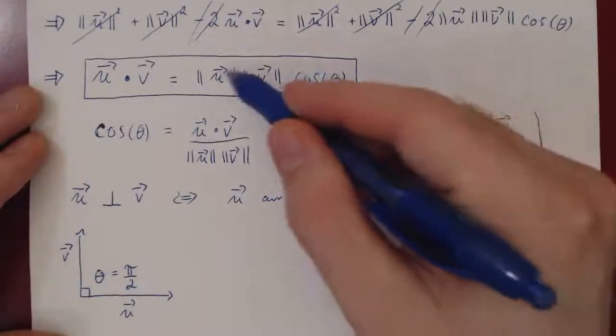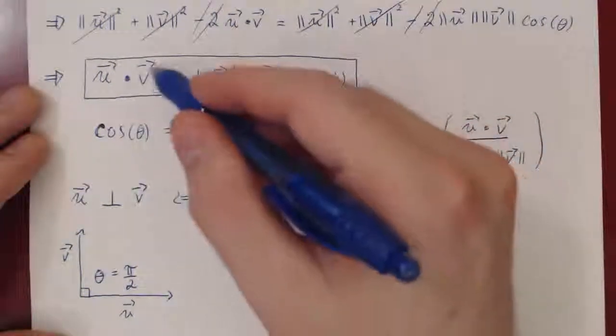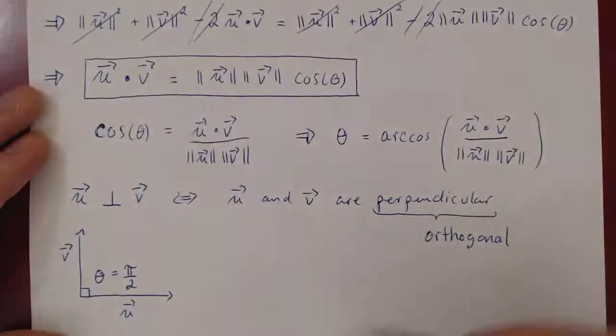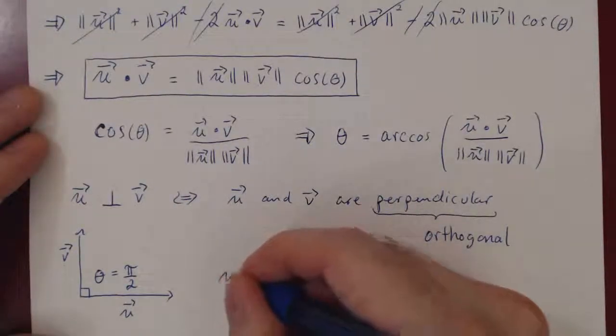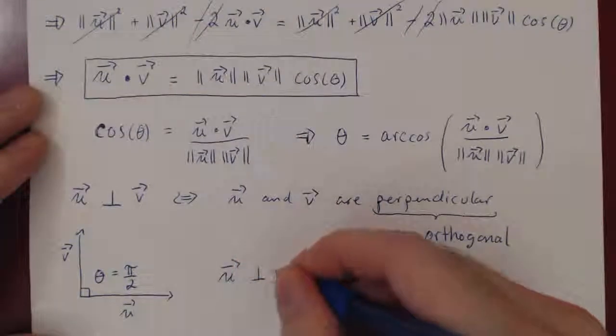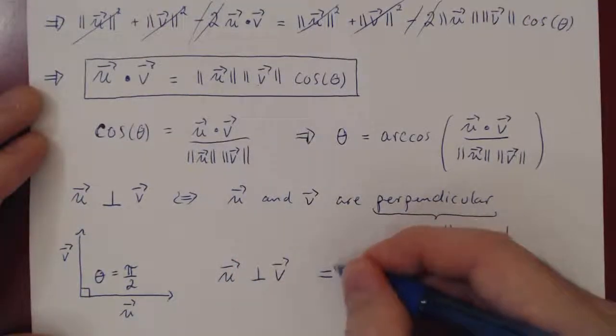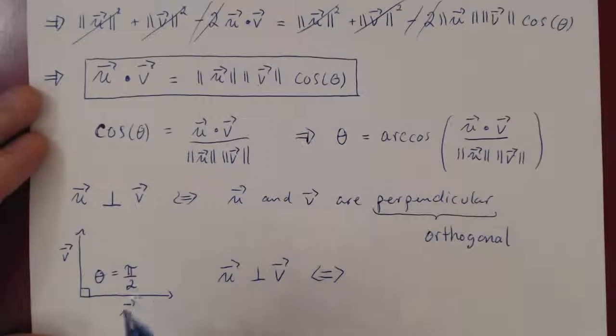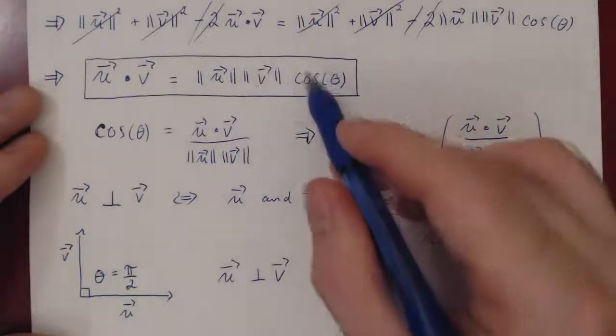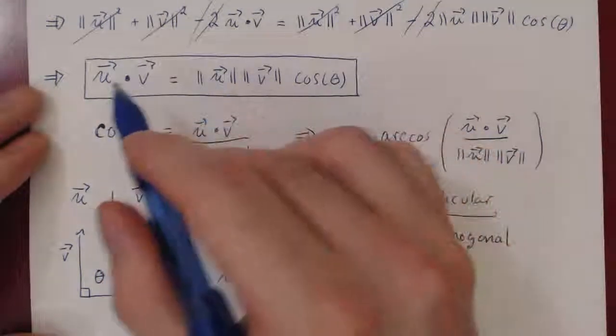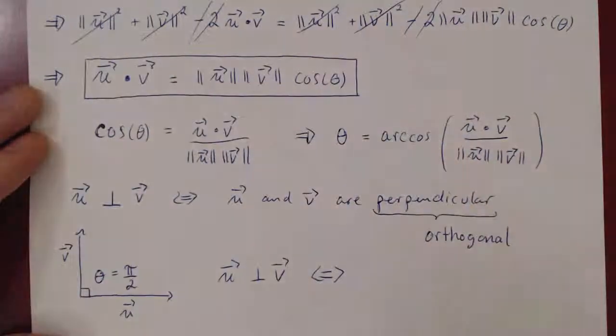So all of this is 0. Therefore, the dot product is equal to 0. And this is a fantastically simple result. Two vectors are perpendicular if and only if, naturally, the angle between the two vectors is pi over 2, 90 degrees. Therefore, cos of pi over 2 is 0. Therefore, the dot product is equal to 0.